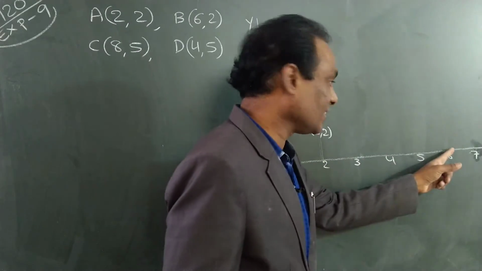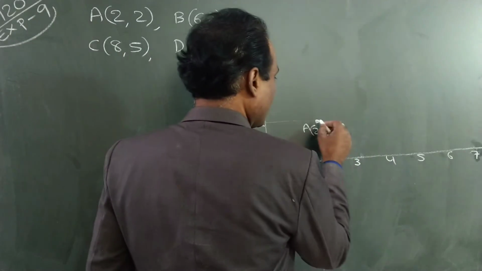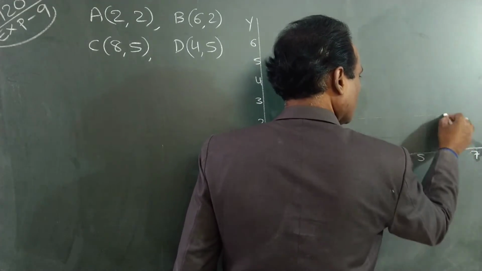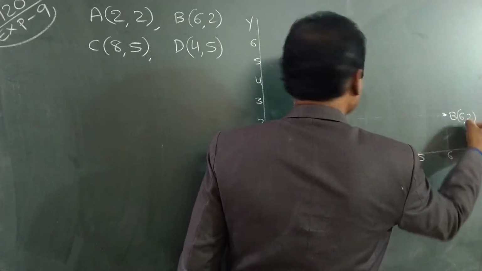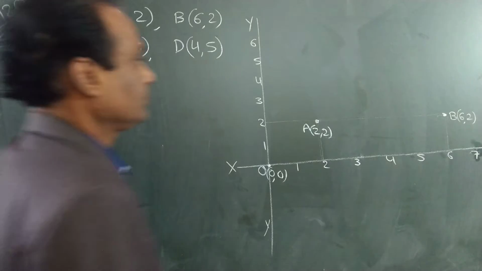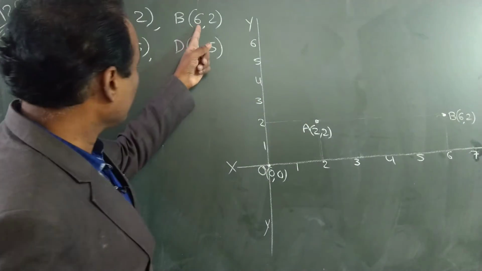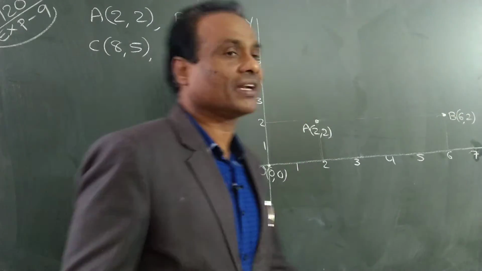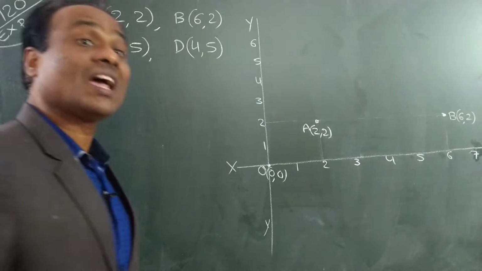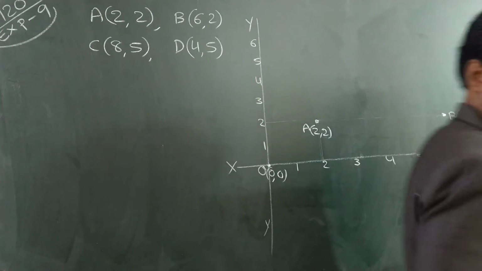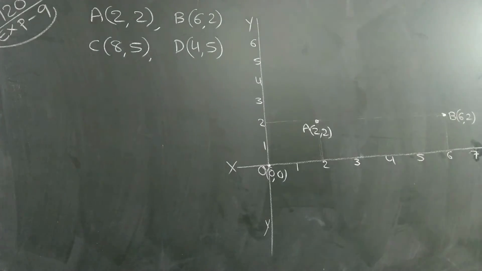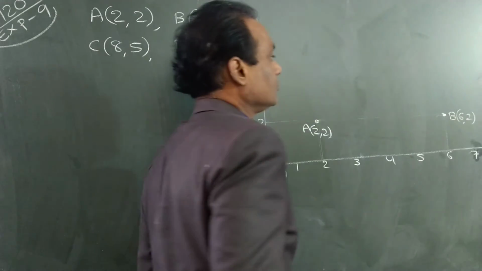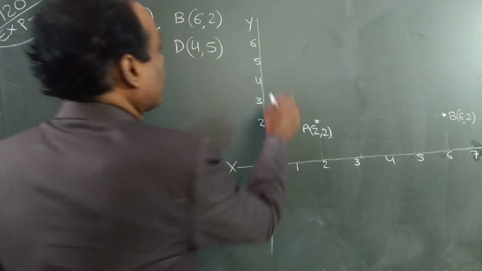So the point is 6 comma 2. Third, C(8, 5): X value 8. Can you see that point? Yes. X value 8, Y value 5.